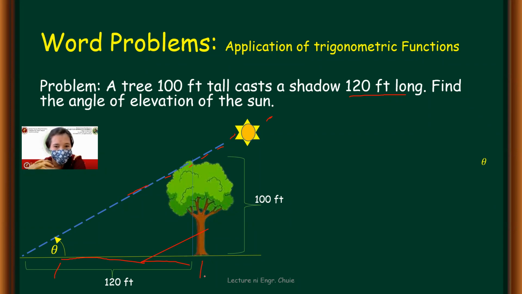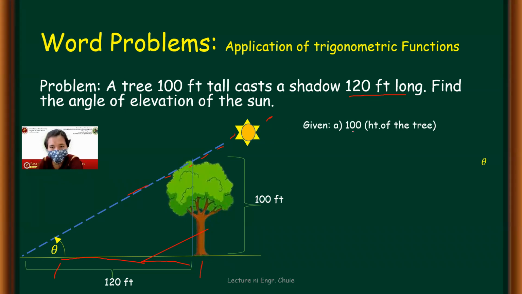So what trigo function are we going to use? Tangent, ma'am. Okay, tangent. We can use tangent because there is the opposite side and the adjacent side. Okay, very good. So sa TOA natin gamitin, that is tangent of the angle is equivalent to opposite over the adjacent.